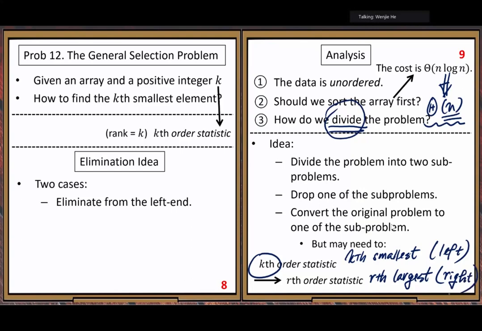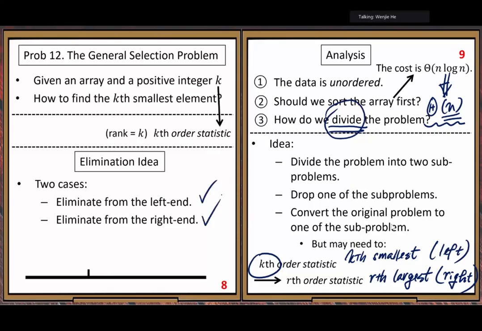There are two ways, and we like to pick the relatively easier way. So there are two cases: elimination from the left end, elimination from the right end.